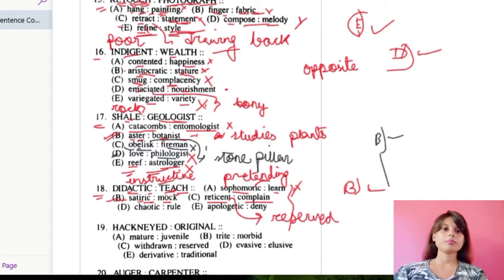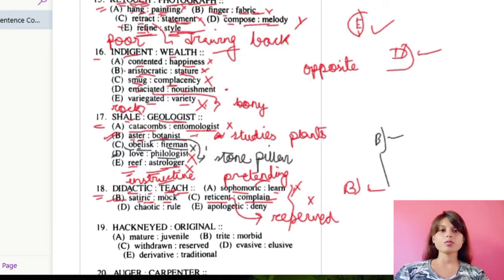And what is complain? Complain means you are always complaining about something. So we can see that it's coming to opposite, and we cannot consider opposites, because didactic and teach are not opposites. These are talking about the same stuff.